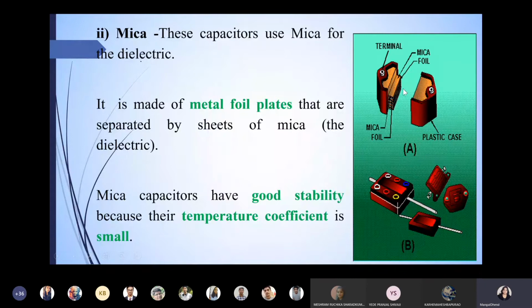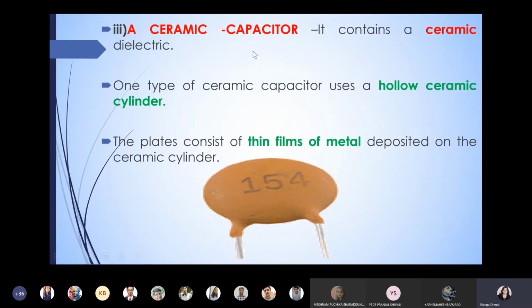So these are mica capacitors. Mica capacitors have good stability, because mica is also used in rotating devices. Thermal stability is very good, and that is why it is used in capacitors. The temperature coefficient is small, so change with change in temperature will be less.